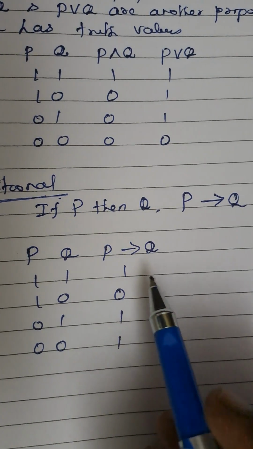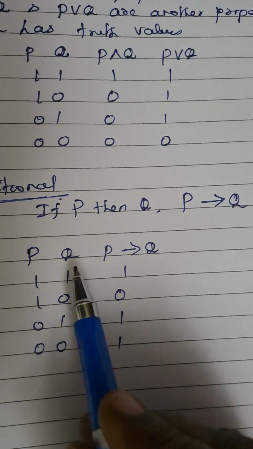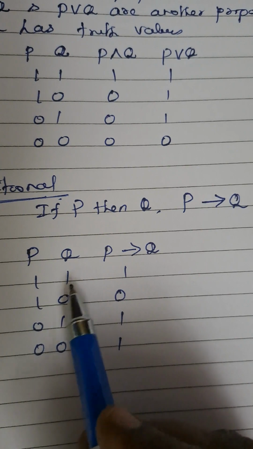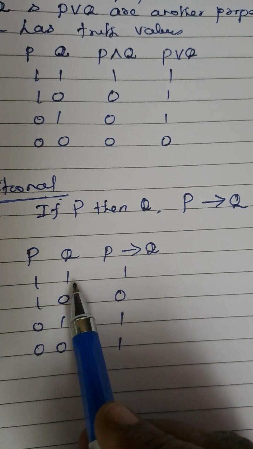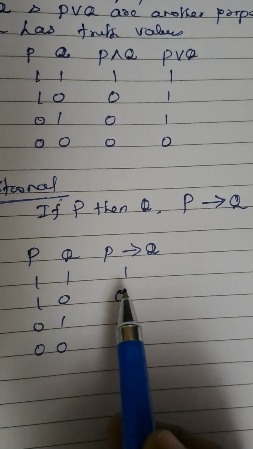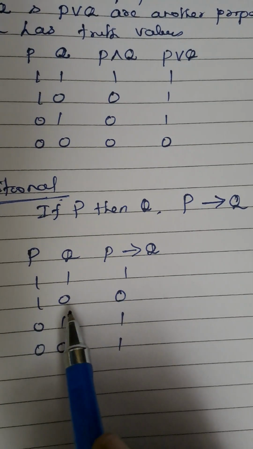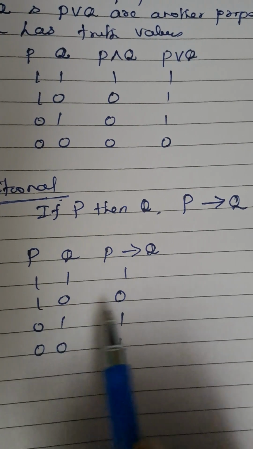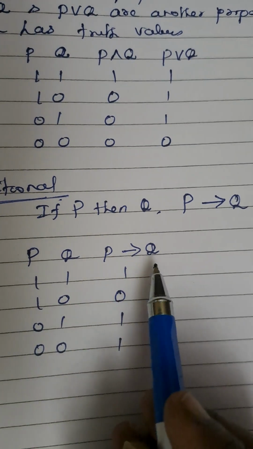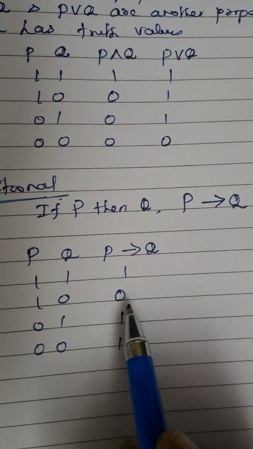So 1 1 means P happens and Q happens. If P happens, Q also happens, then it is true. That is, the statement has logic, so it is true. And if P happens but Q does not happen, it is false, because if P happens, Q must happen, but Q does not happen, so it is 0.